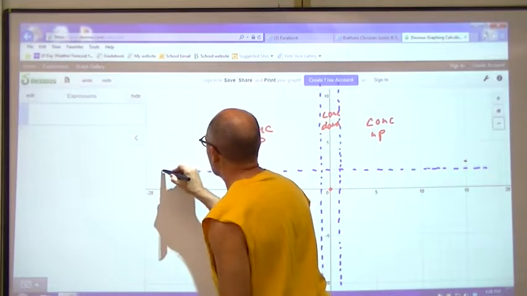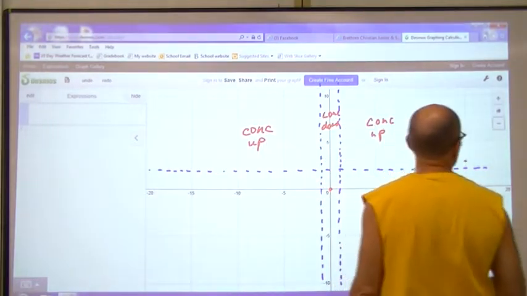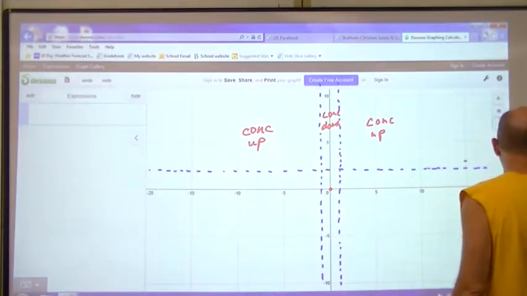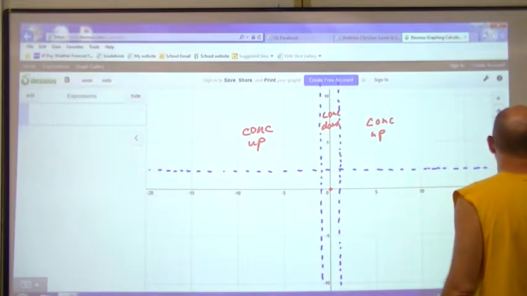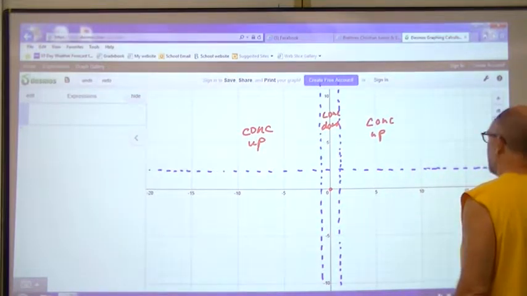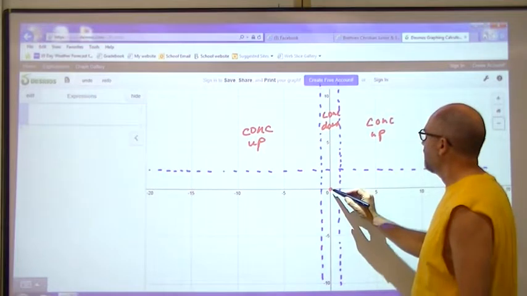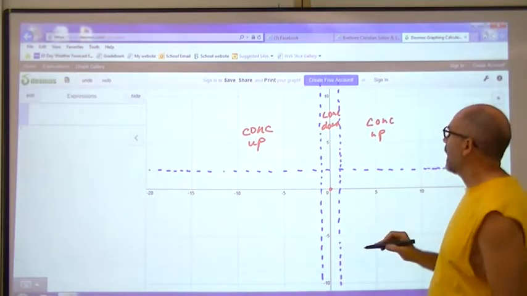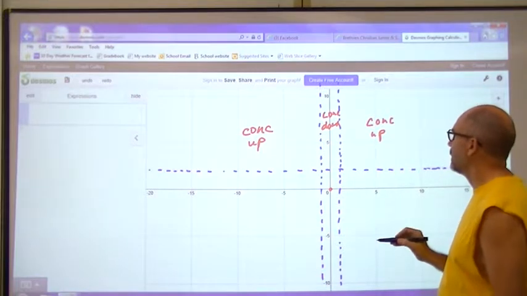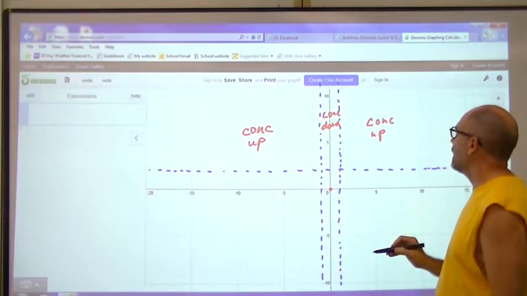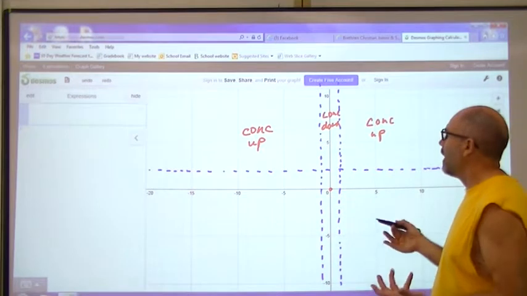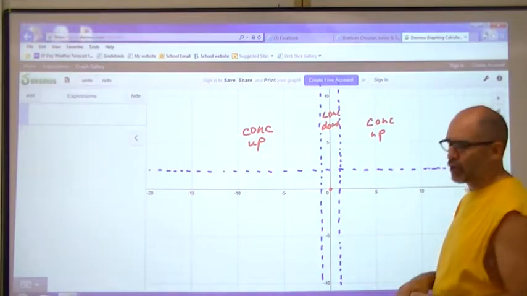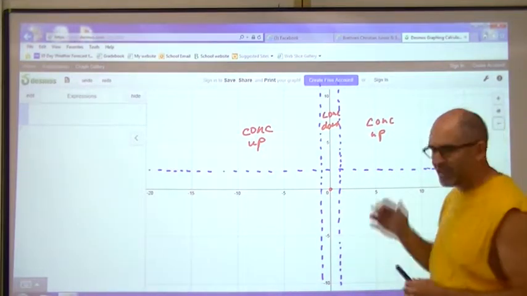Let's continue this out here. And we've got our relative max at 0, 0, which is our x and y intercept, the only x and y intercept. And so now we're ready to actually graph the curve. So let's do that.